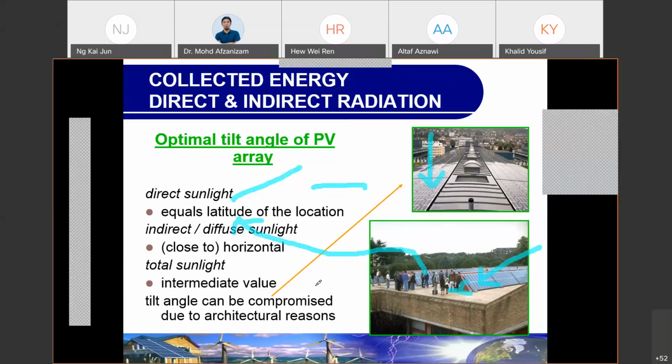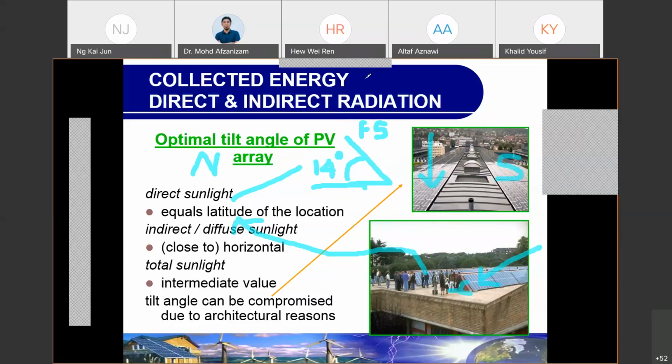For Yemen and Sudan, they are fortunate because they have a high intensity of sun ray, as well as a latitude of 14 to 15 degrees. So in other words, to place your PV, you should place it at an angle of 14 or 15 degrees, facing south.